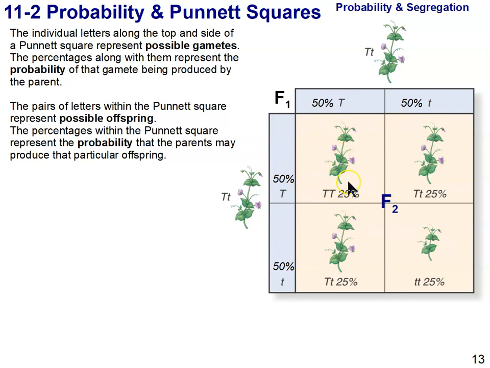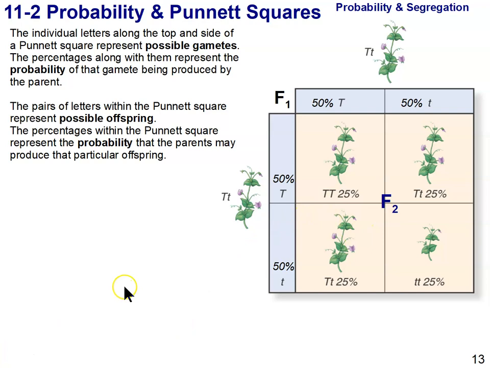So there's a 25% chance that the dominant gamete from the father and the dominant gamete from the mother will come together to form this offspring, and so forth. And each is 25% because there are four possible combinations, and that's why there are four squares in a Punnett square, too. There's an equal chance of each of those four possible combinations of gametes.